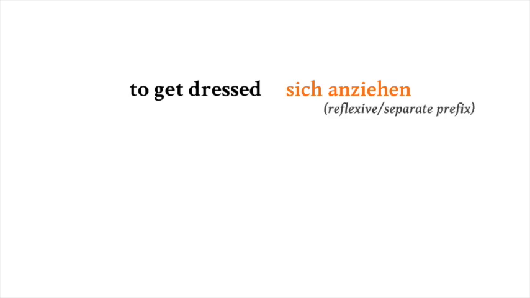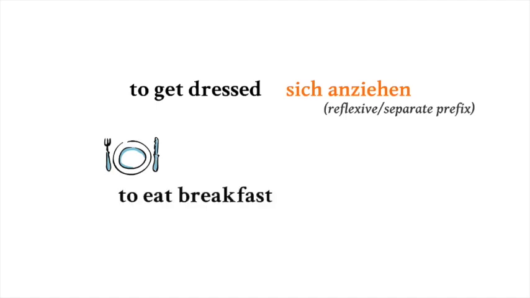The next one is to get dressed, sich anziehen. This verb is both a reflexive and a separable prefix verb. The next one is to eat breakfast, frühstücken.